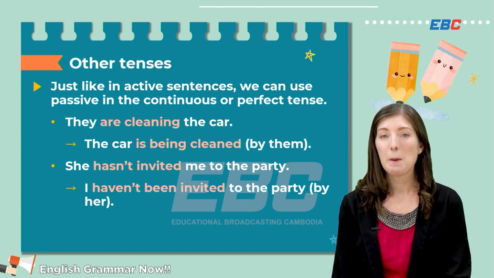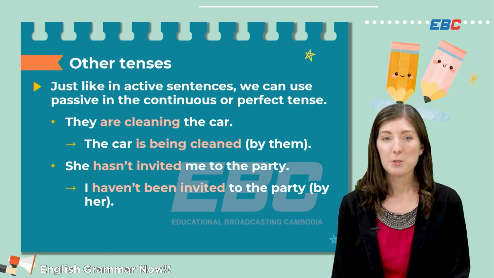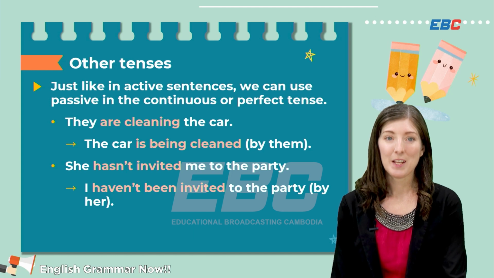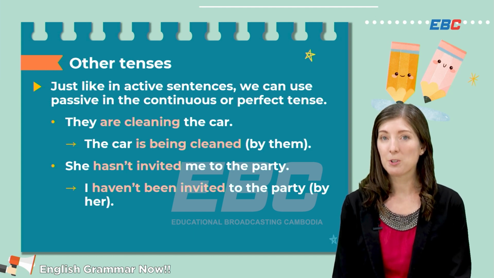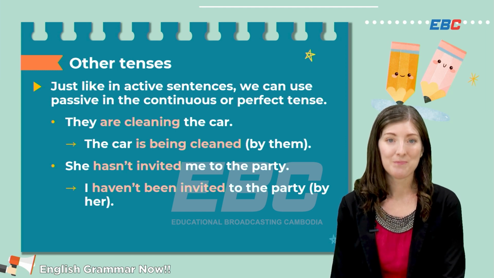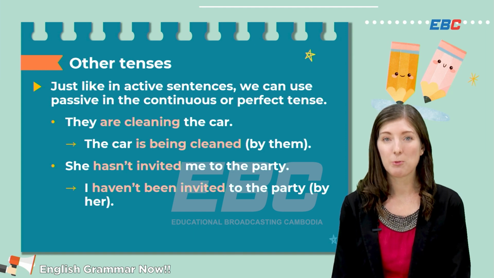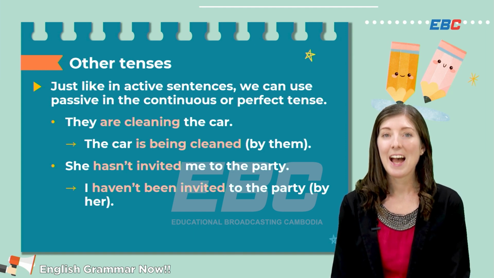We could add by her at the end if we wanted. So you can see, haven't been invited. We keep the to have verb and then add the to be verb after. We could also put this in the past perfect if we wanted. I hadn't been invited to the party.